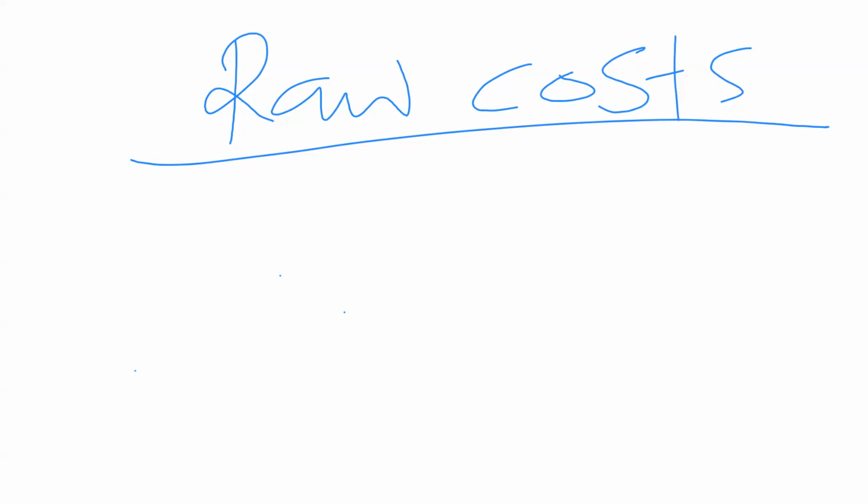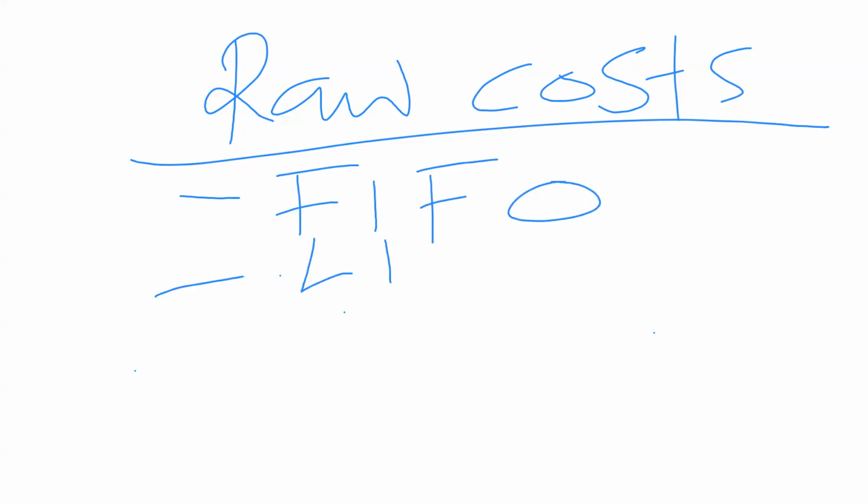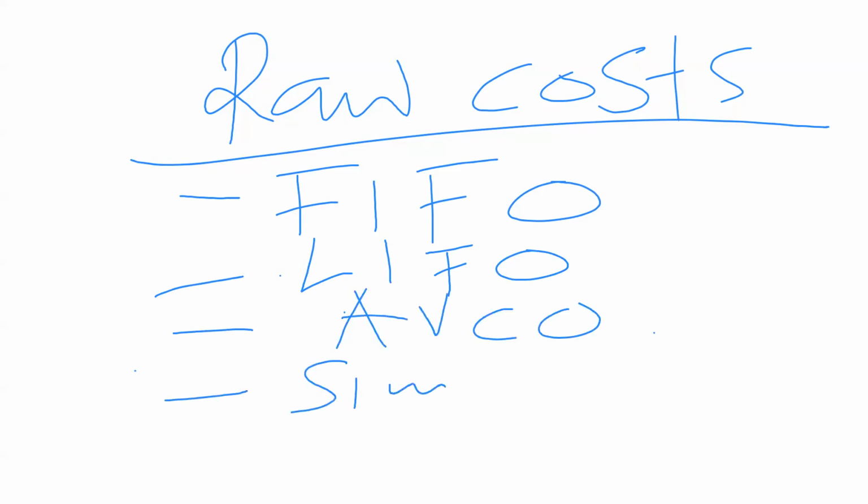The major things you learn are the inventory valuation methods, such as first in, first out (FIFO), last in, first out (LIFO), weighted average or AVCO method, and the simple average method.